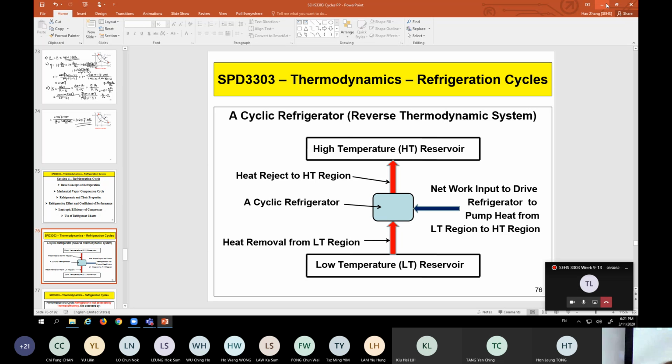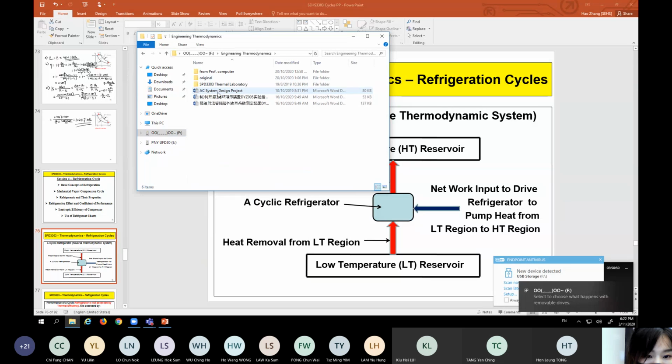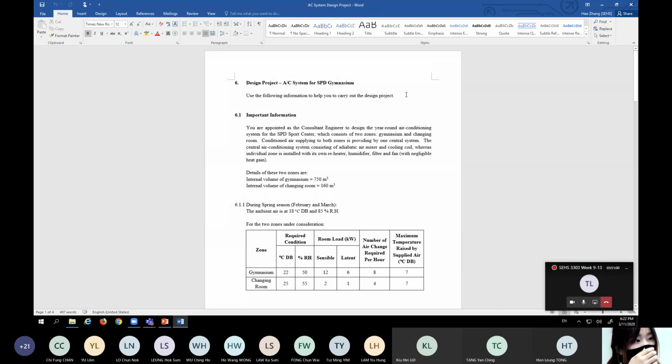Sorry, where is my USB? Okay, let me show you. Professor Liang gave me this material today because the part-time students always said there is something wrong when they download the AC project in Moodle.